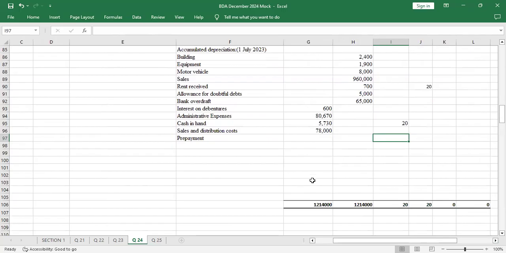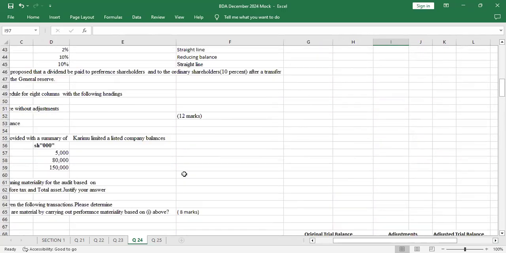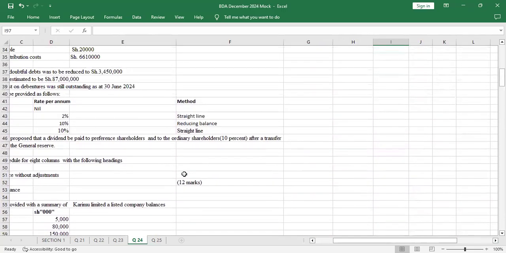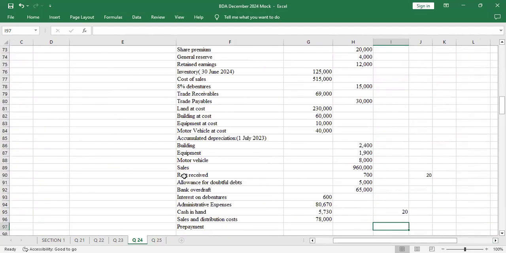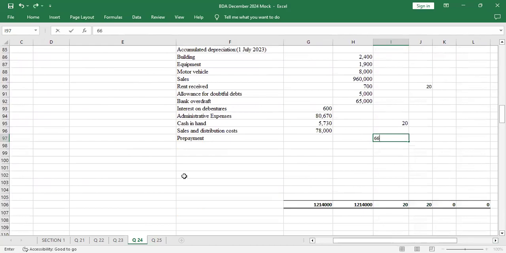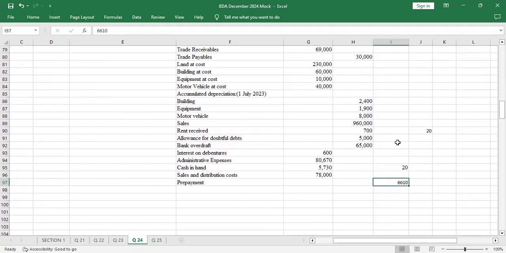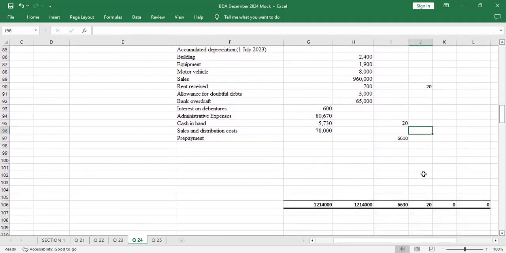The amount was 6610. So we debit the prepayment account, then we credit the sales and distribution cost account, because that was a prepayment.